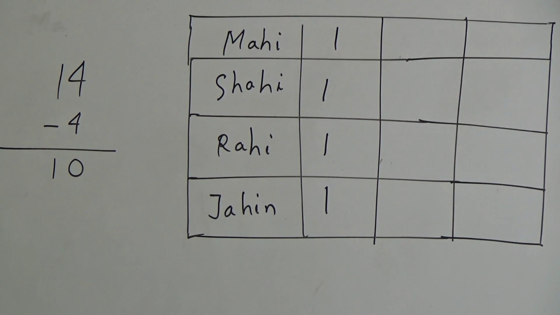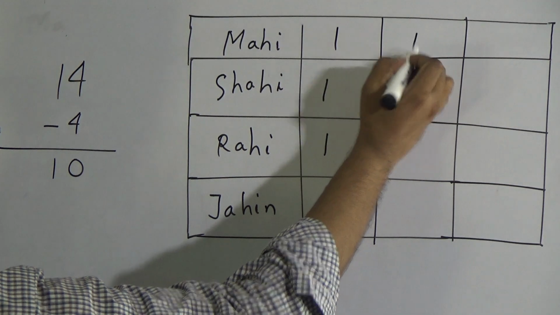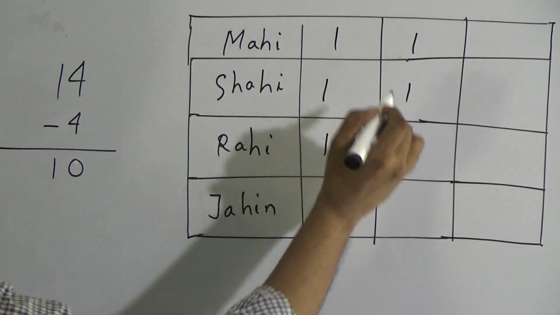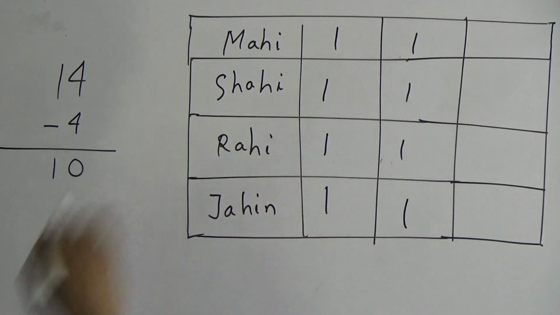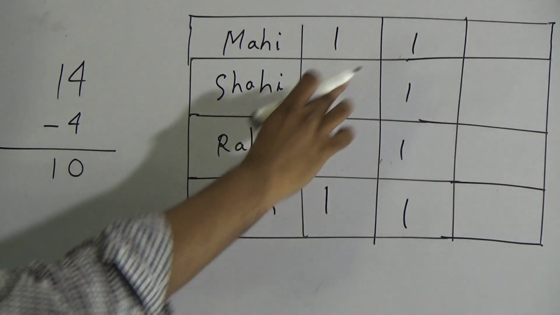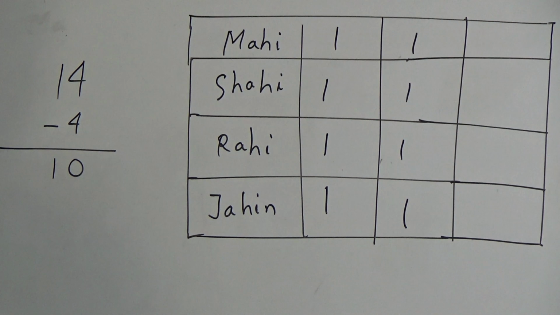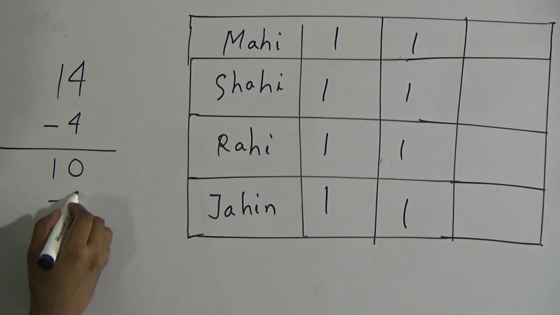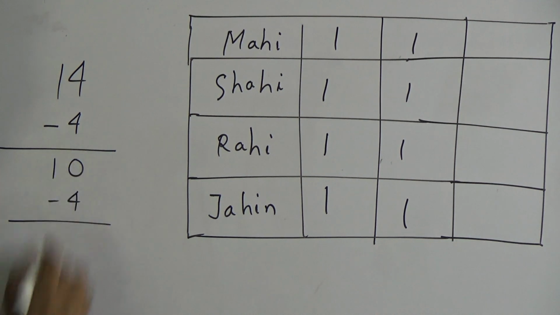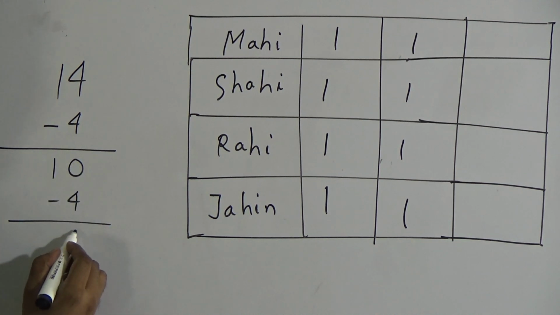Now in the second step again I will give 1 chocolate to Mahi, 1 chocolate to Shahi, 1 chocolate to Rahi and another 1 chocolate to Jahin. Total 4 chocolates I have given among the students in the second step. Now I have 10 minus 4, which is equal to 6 chocolates.